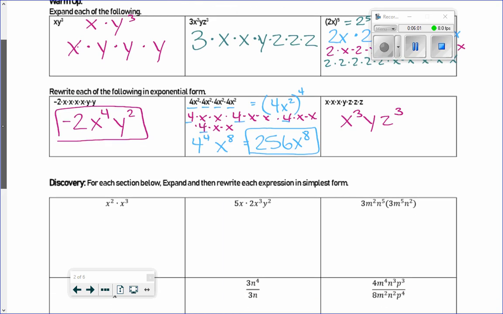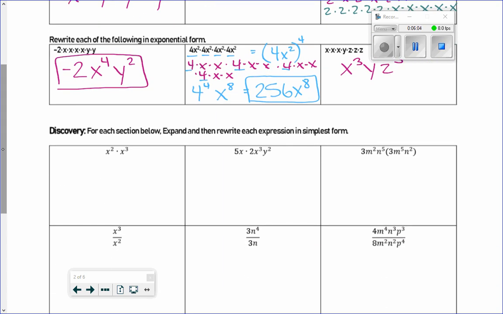All right, so now we're going to see what happens in these first three examples down here. There's multiplication taking place. So to discover what's really happening with these exponents, we're going to expand it first before we put it in the simplest form. How can I write x squared expanded? x times x.